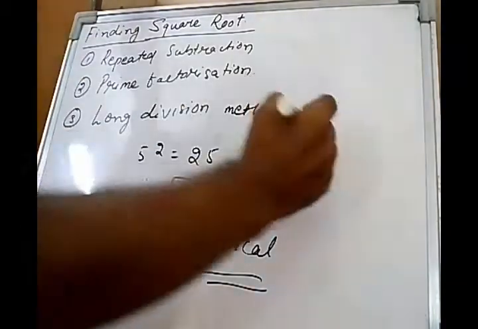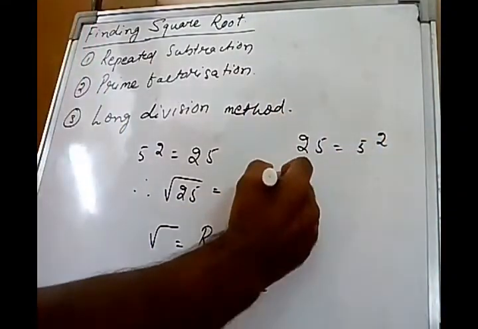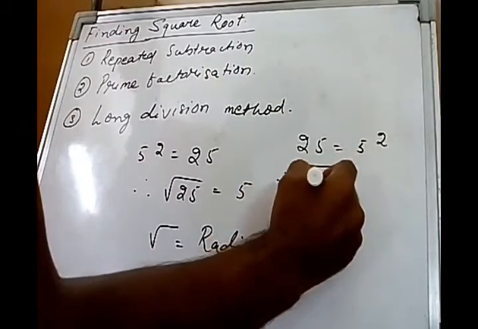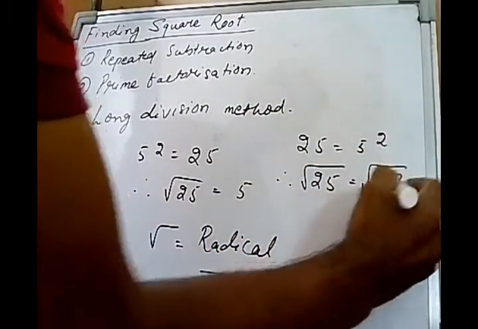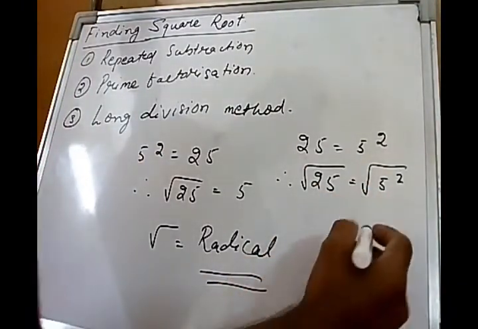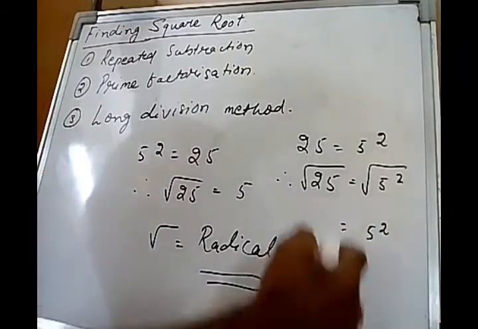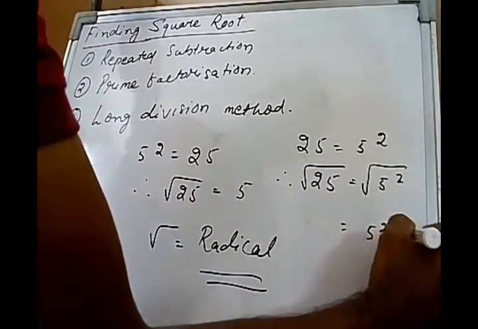So we can say 25 equals 5 square. Therefore square root of 25 equals square root of 5 square. Square root of 5 square means 5 to the power 2, and this radical symbol will change into power half.